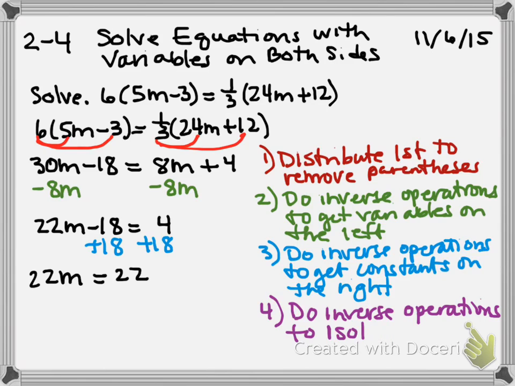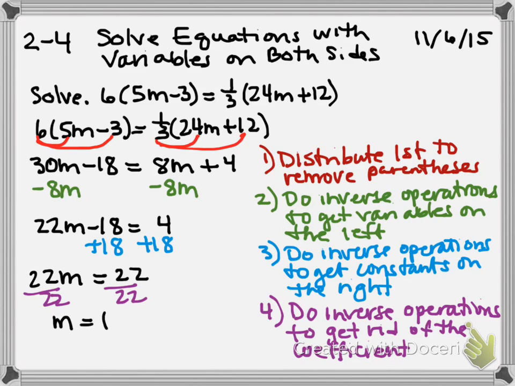Let's say this: to get rid of the coefficient. So we divide both sides by 22, and we get m equals 1. Okay?